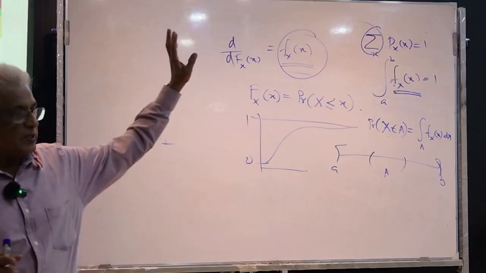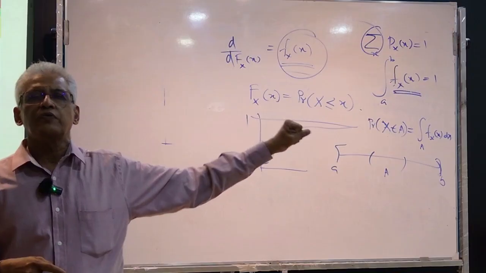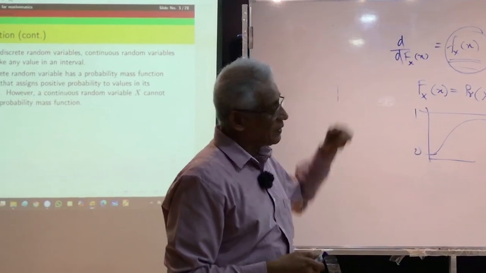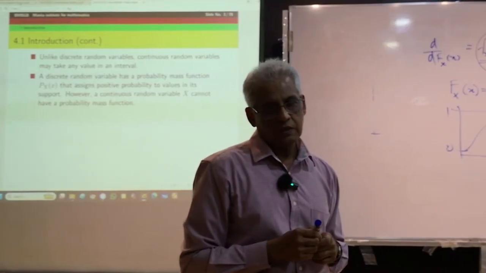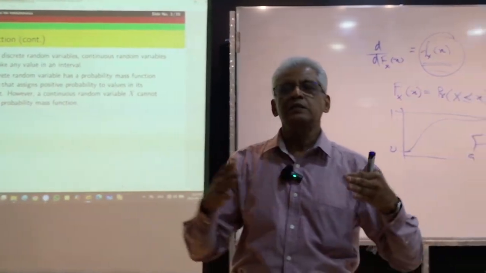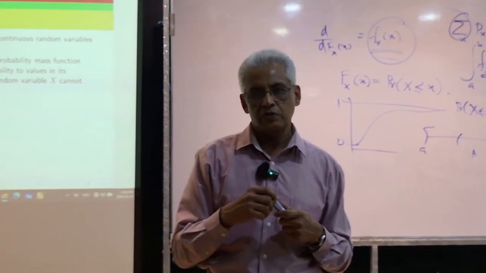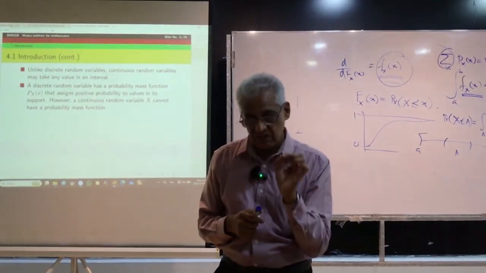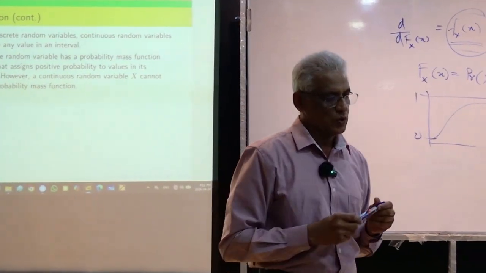The probability mass function gives you directly the probability of any x value. But f(x) doesn't give you a probability. If you want the probability that X is in an interval, you will have to integrate this function. f(x) is not a probability, but a probability density. I'll later explain why it is called density.